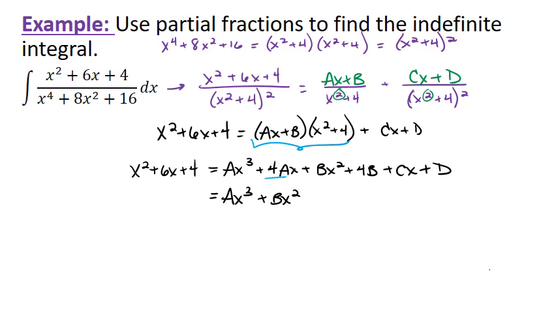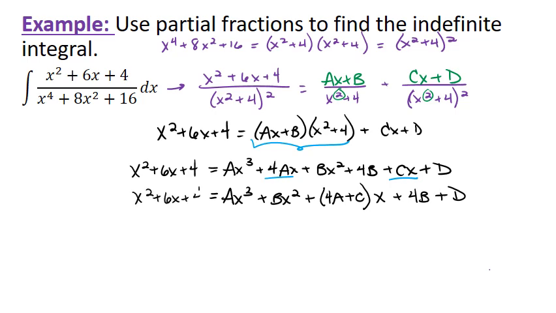But you can see I have these x's. So what I'm going to do is factor out that x. When I factor out that x, I end up with the quantity 4a plus c times x. And then I have plus 4b plus d. Okay, so this is a little bit different than what I had before.